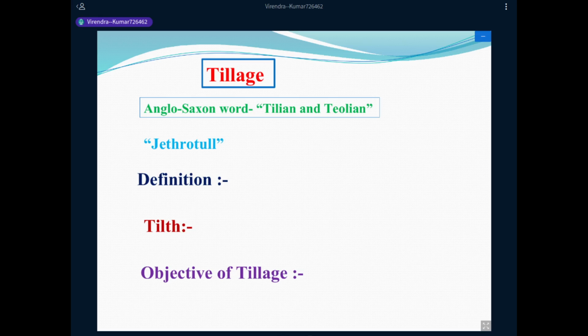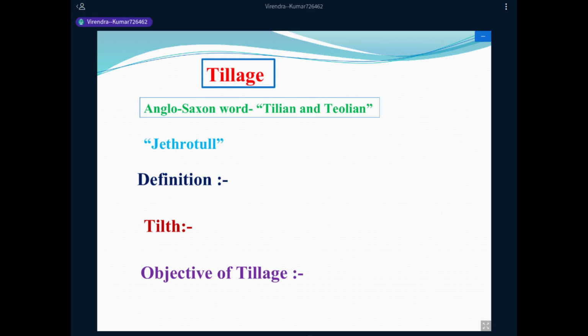The main objective of tillage is to make the soil favorable, increase the volume of the soil, and create climatic conditions for proper growth and germination of the plant seeds.